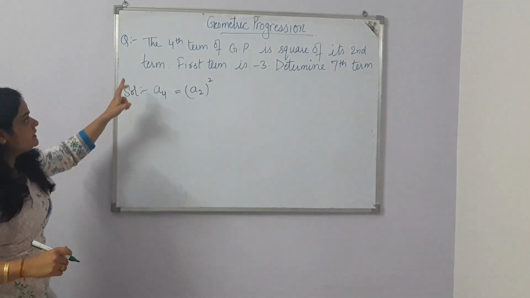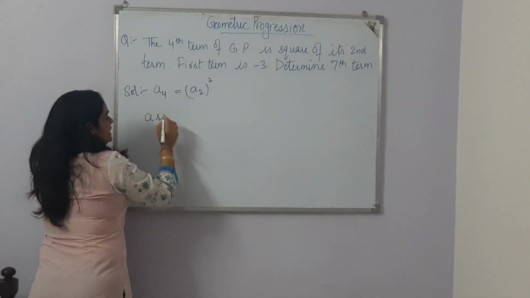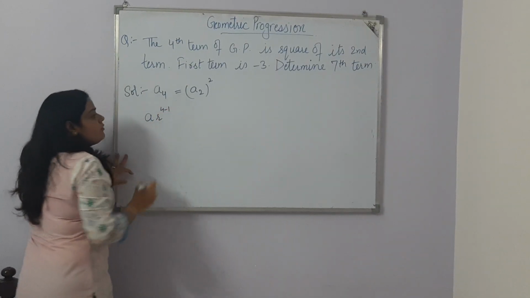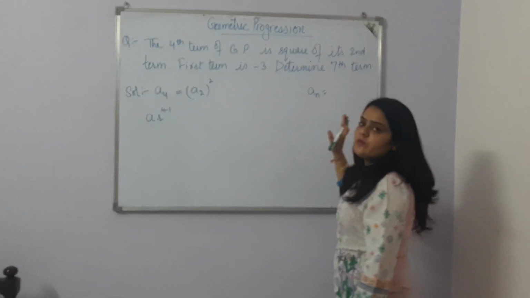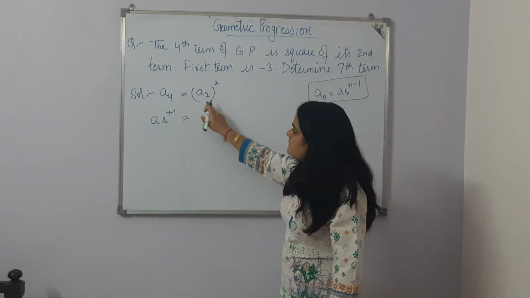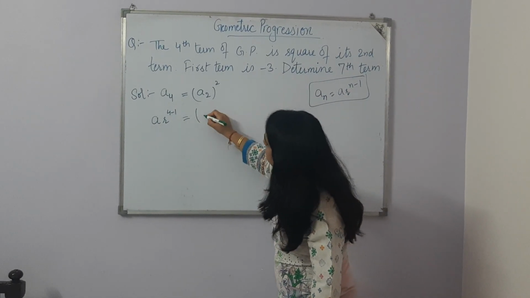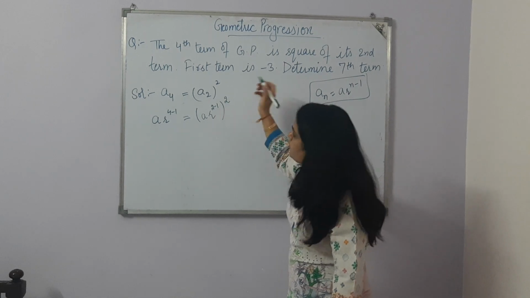And we know that in a GP, the formula of the nth term is AR raised to power n minus 1. So here instead of n we have 4, so AR raised to 4 minus 1, same as A2, which is AR raised to 2 minus 1, whole square.